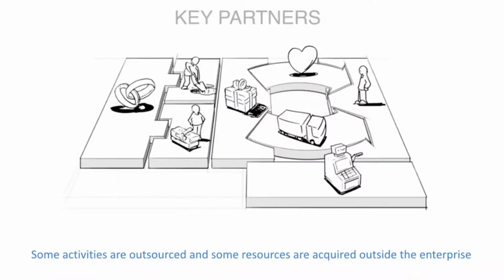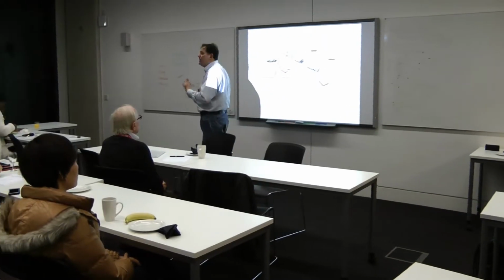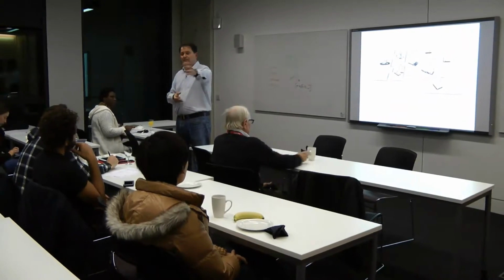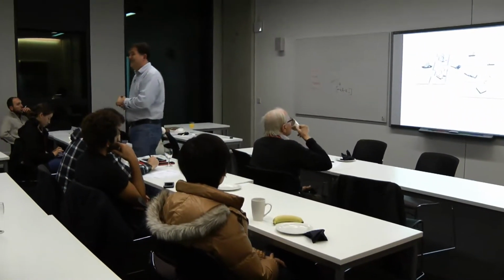Last but not least are key partners. Most companies don't live in isolation. They work in partnership with other companies. So who will be your key partners in the production? Key partners for Apple include Foxconn. Foxconn is a massive company in China that basically assembles the final product for just about everything.